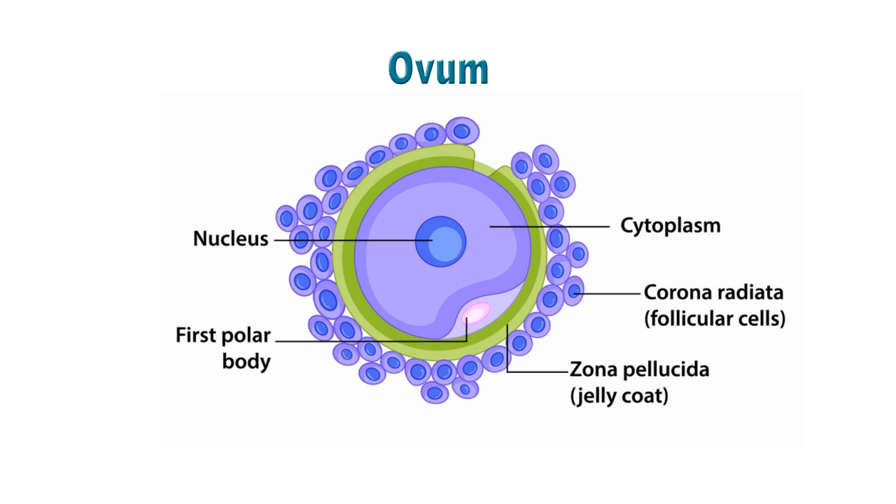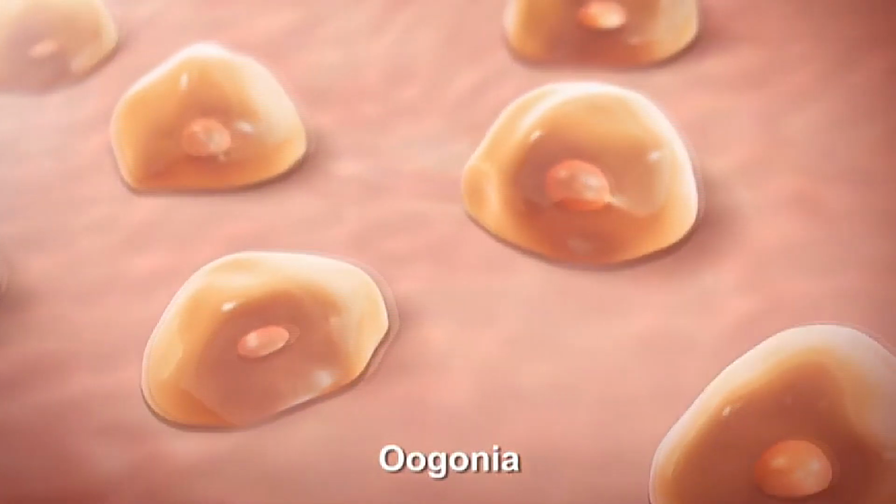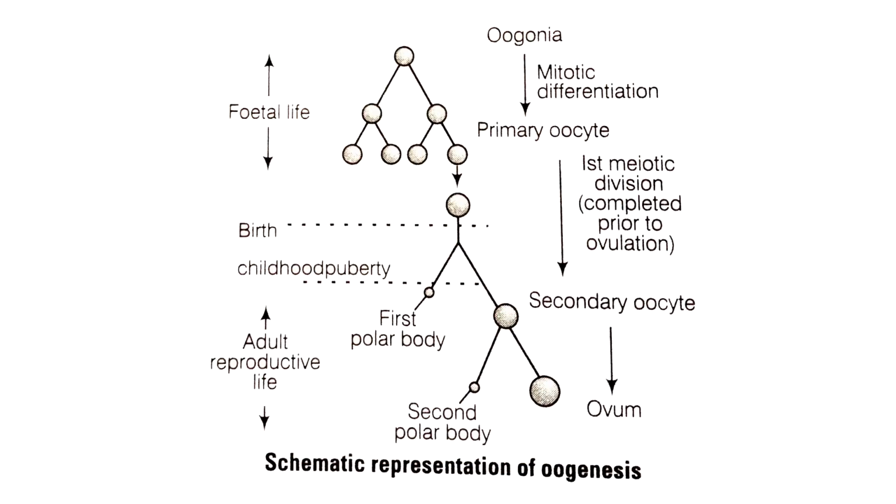In females, the oogonia are converted to the mature ovum. This process is called oogenesis. In the female ovary, millions of oogonia or mother cells are formed during fetal development. These mother cells undergo meiotic cell division. The meiotic cell division rests at prophase 1 and leads to the production of primary oocytes.